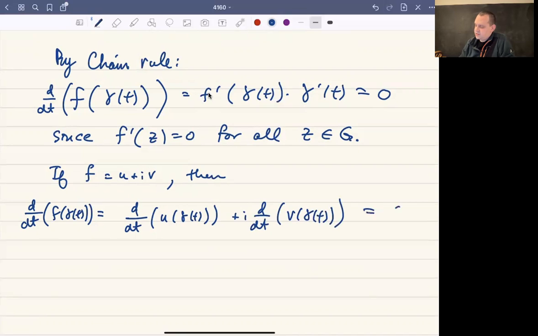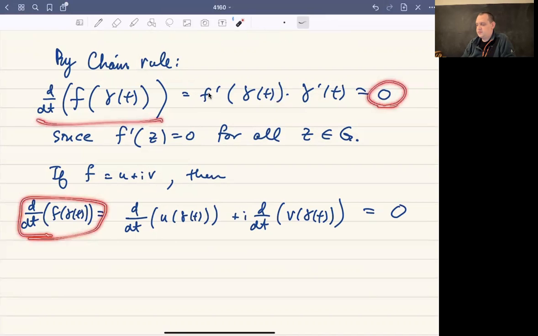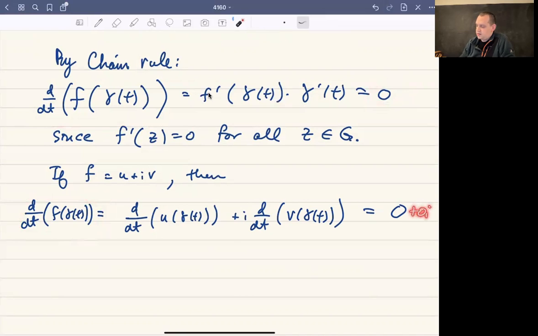And we know that this is going to be equal to 0, right? The reason why we know it's 0 is that we just said that the derivative of f of gamma of t was 0. And this is some complex number 0 plus 0i. In particular, what that means is that these two pieces are going to be 0, and that's going to be important.